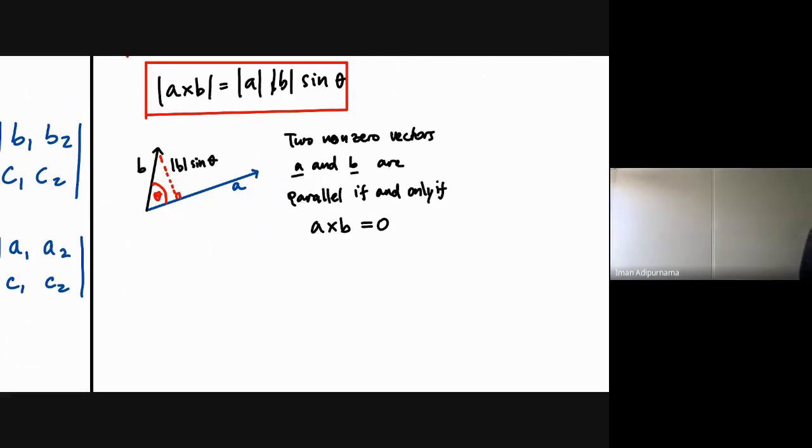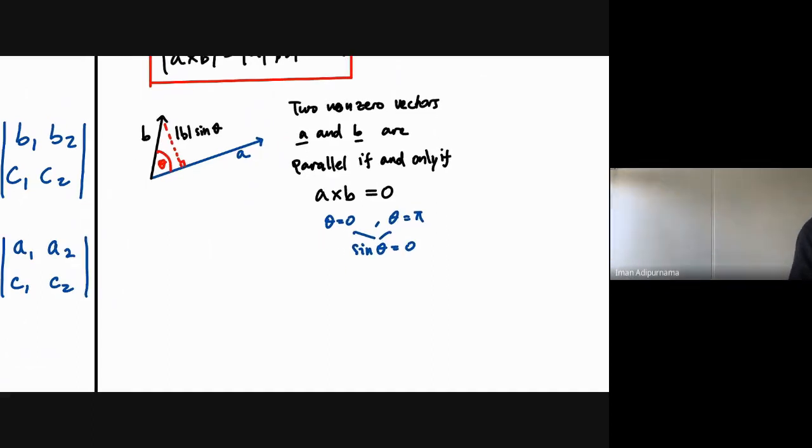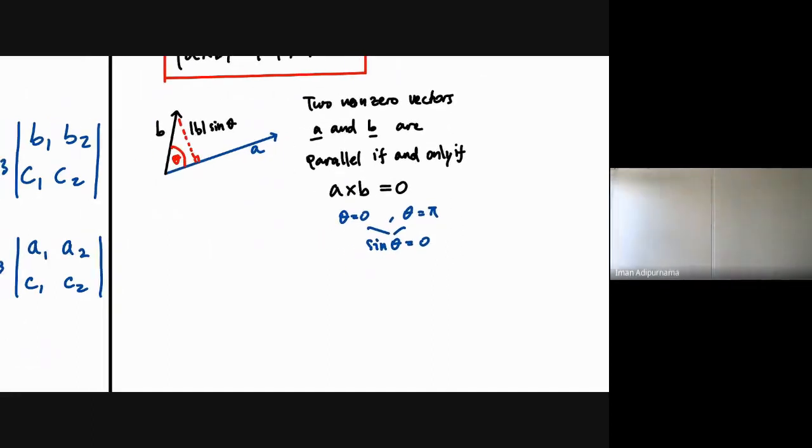So the sine should be 0 or pi. So theta is 0 or theta is pi. In either case, sine theta will be 0. So that's why the cross product will be 0.